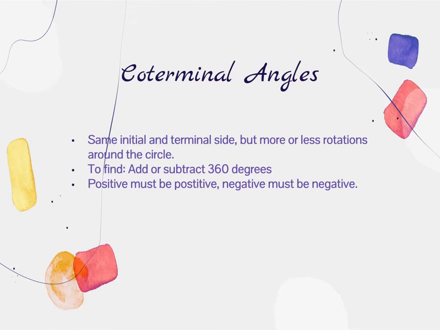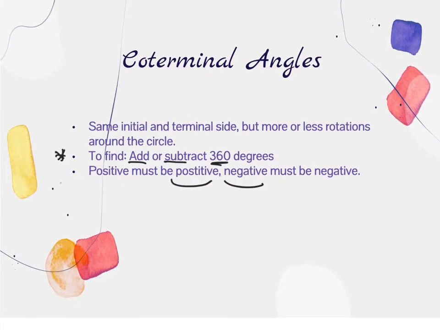To find these coterminal angles, all we need to do is add or subtract 360 degrees. A lot of times the question will ask to give me a positive coterminal angle to the angle that's given and also a negative coterminal angle.